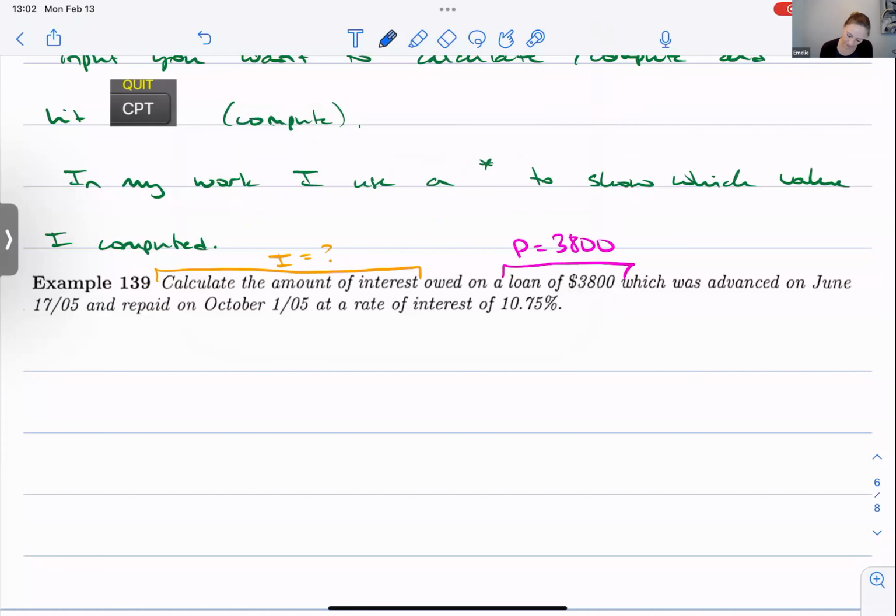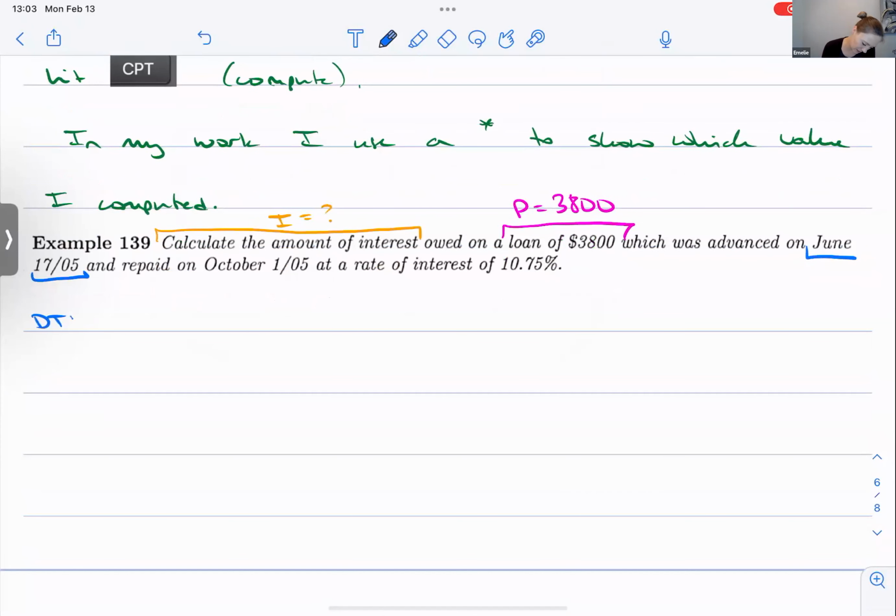Now, it was advanced, which means the loan was given on June 17th, 2005, which means DT1 is 06.1705. I usually just start out by converting it to month dot day year.